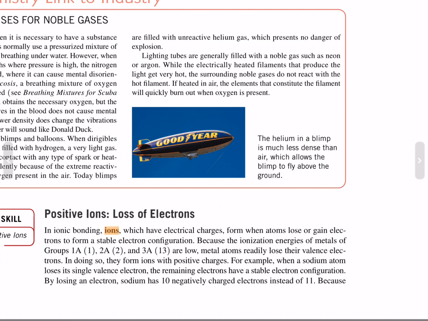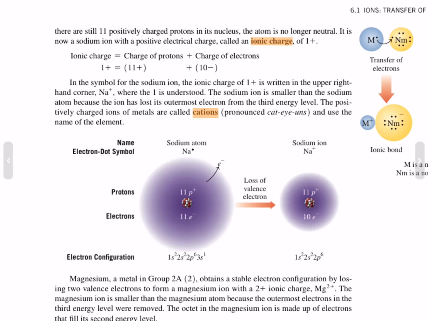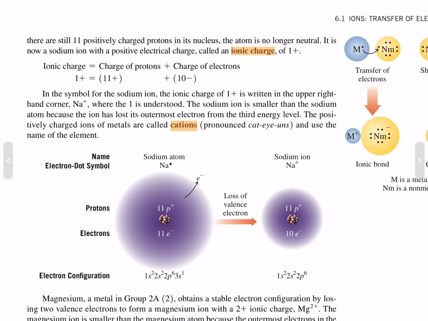For example, when a sodium atom loses its single valence electron, the remaining electrons have a stable electron configuration. By losing an electron, sodium has 10 negatively charged electrons instead of 11. There are still 11 positively charged protons in its nucleus, so the atom is no longer neutral.